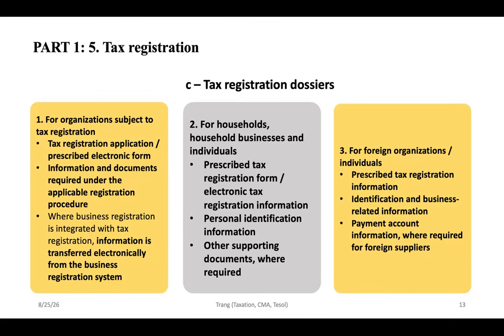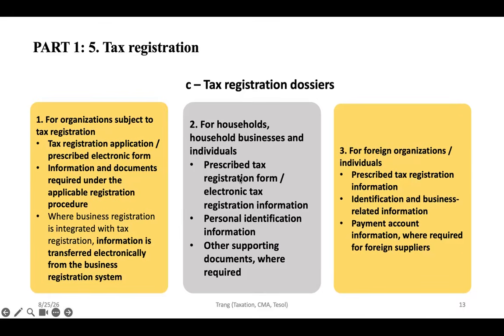However, if their business registration is integrated with tax registration through the one-stop shop system, it is much easier. The data is automatically transferred electronically from the business registration system. Moving on to the second group, households, household businesses, and individuals.